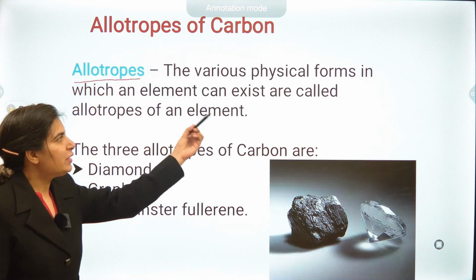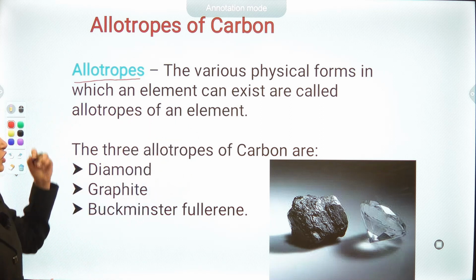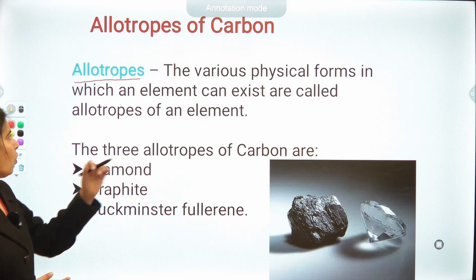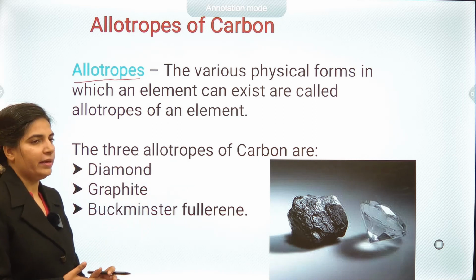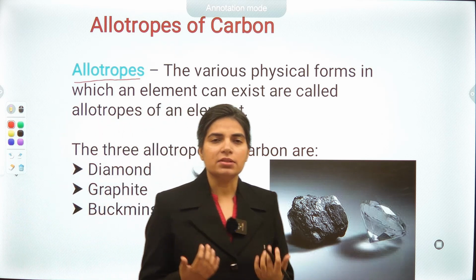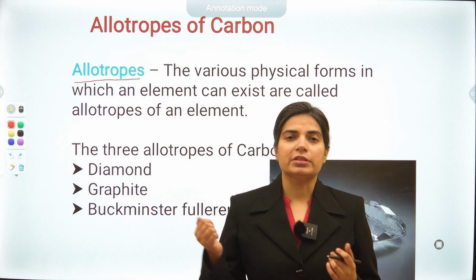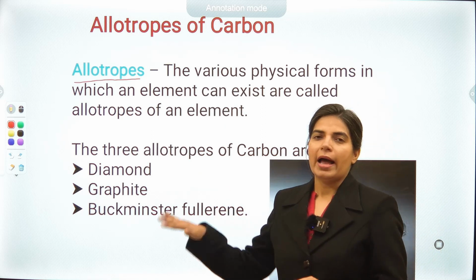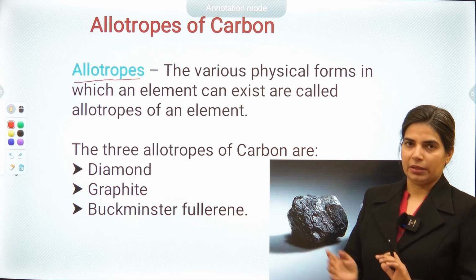The various physical forms in which an element can exist are called allotropes of an element. Simply, an element is existing in various physical forms. Those forms are called allotropes of that element.